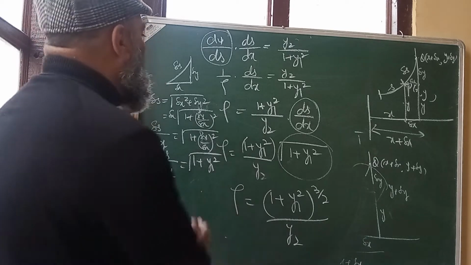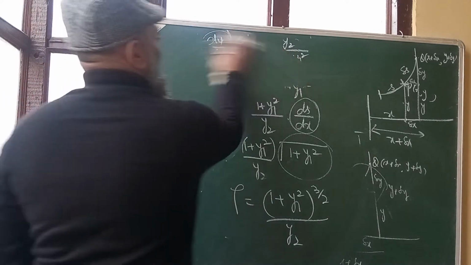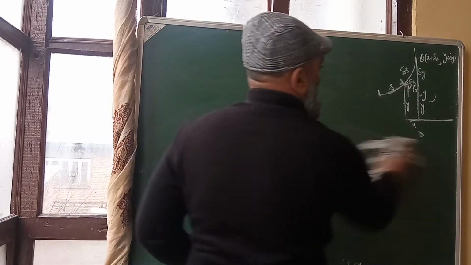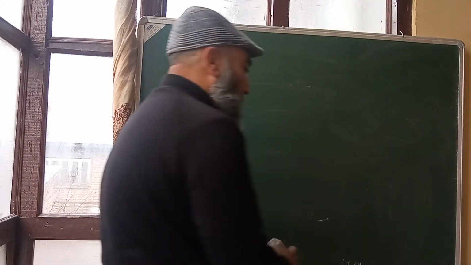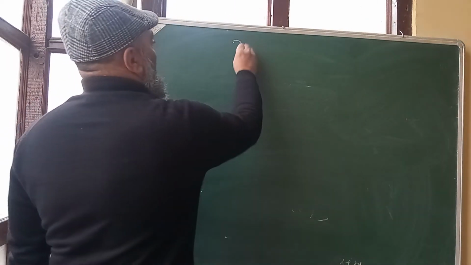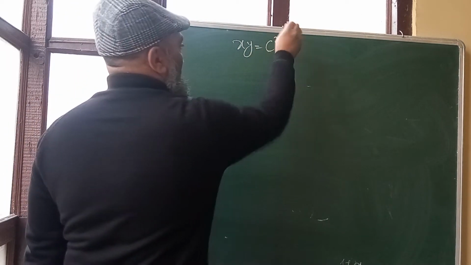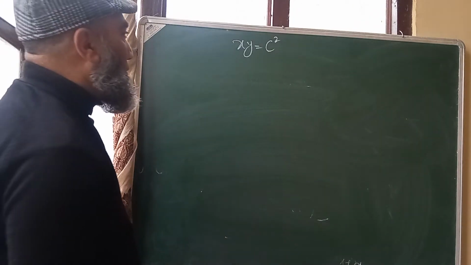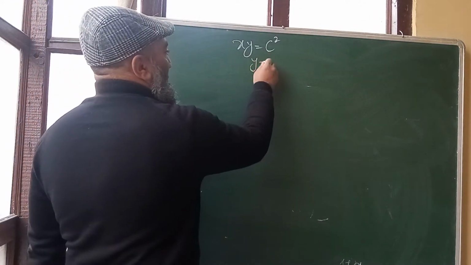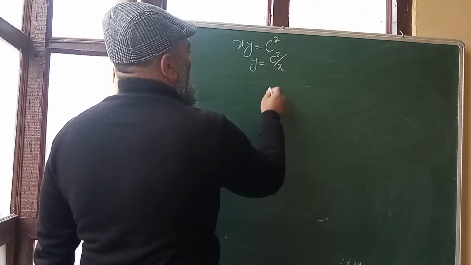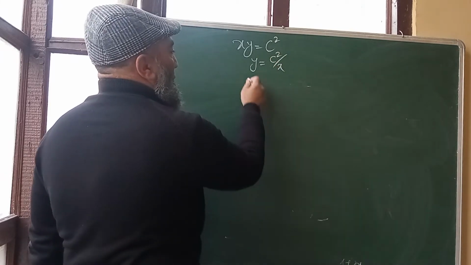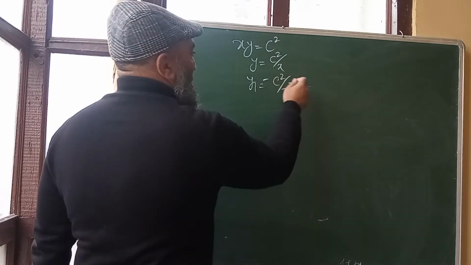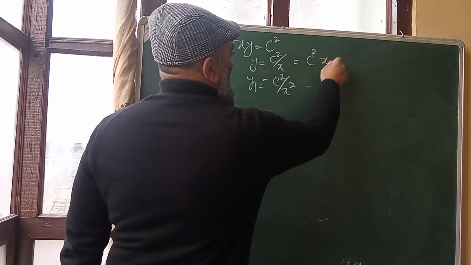For example, say you have xy equals c square. This is a Cartesian curve. It is in terms of x and y. So what is y? y is c square by x. Let me differentiate with respect to x. What is y1? This is actually c square x to the power minus 1.